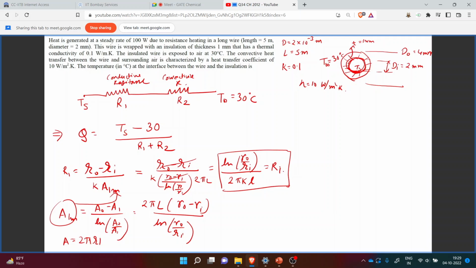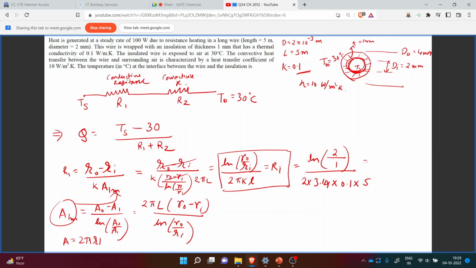Now R2. So let's just calculate the numerical value of this term also. So R1 will be ln of r0, the outer radius is 4 by 2, it will become 2 mm, and the inner radius will be 2 by 2, that is 1 mm, upon 2 into pi, which is 3.14, the value of k thermal conductivity we have been given as 0.1, into length which is 5 meter.